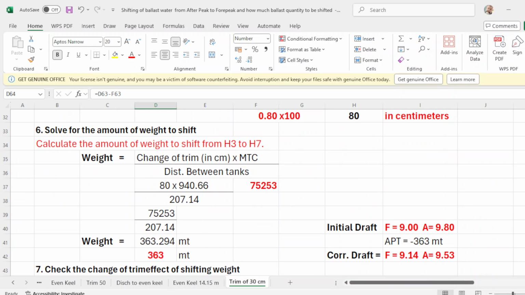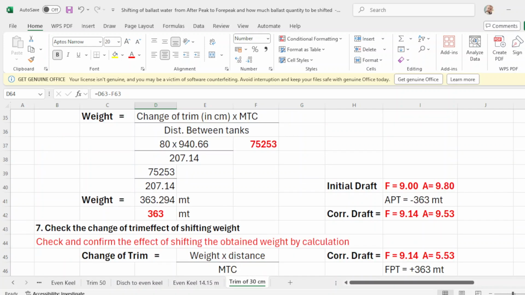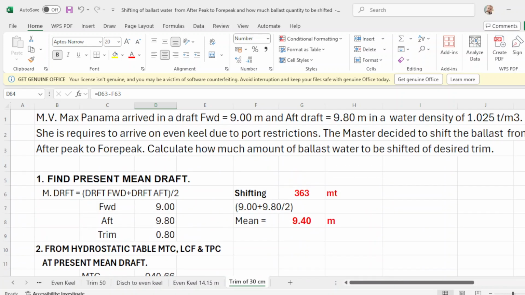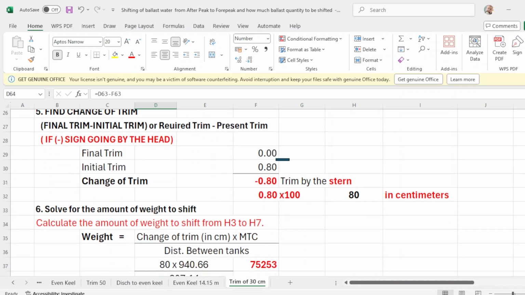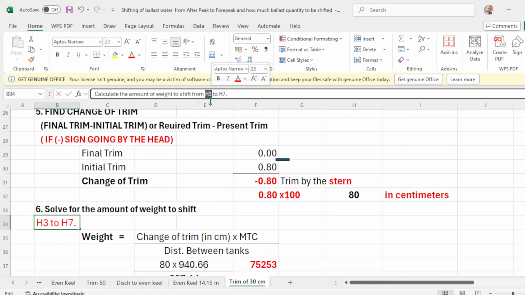This is from after peak tank to forepeak tank. Correct? Forepeak tank.